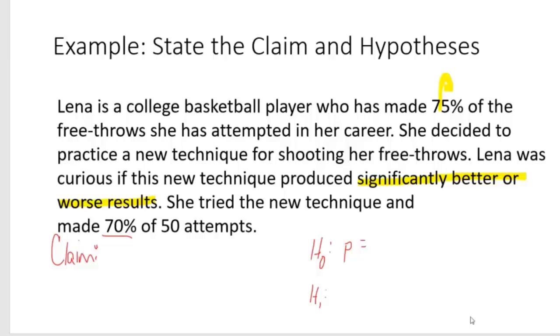So that's what we're basing our null off of, that nothing has changed. The null is generally that there has been no change. And then our alternative could be that it has increased or decreased. And since this one, we're interested in going either way, we could simply say it is different than.